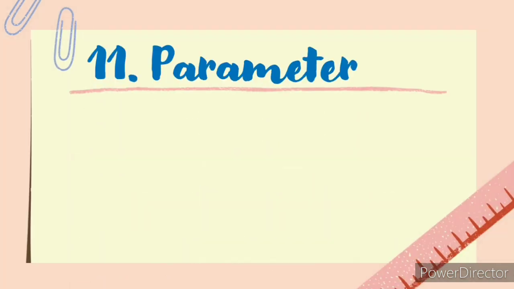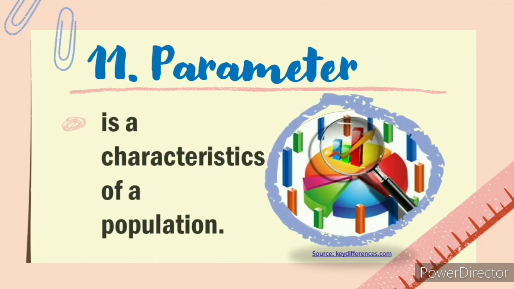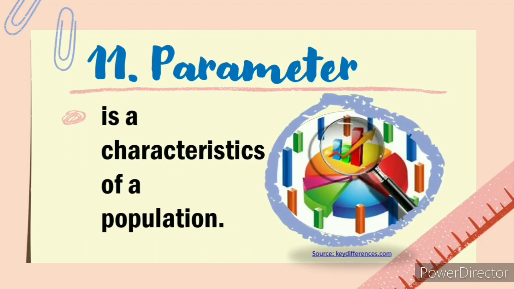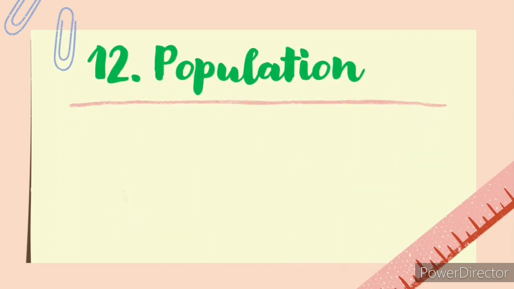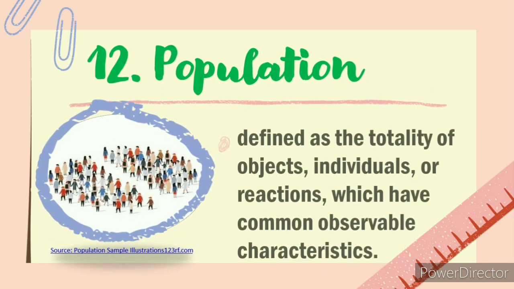Number 11, parameter. It is the characteristics of a population, like population mean, population standard deviation, population variance, and many more. Number 12, the population.